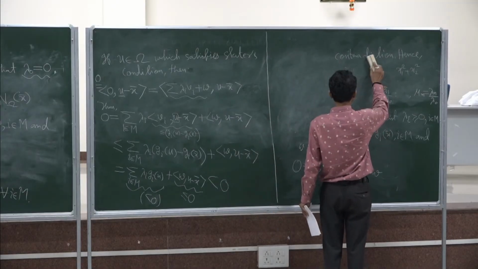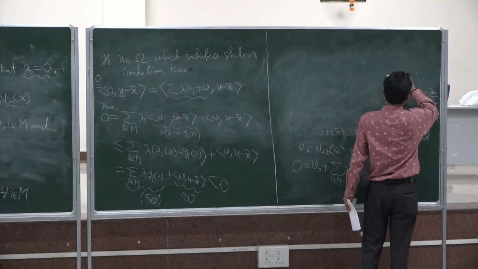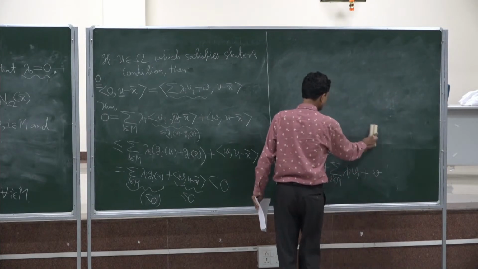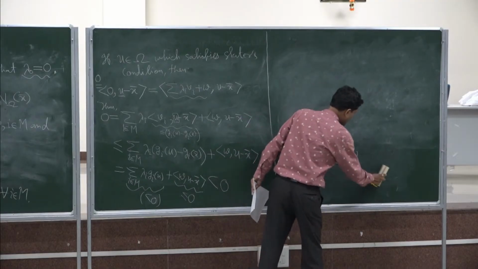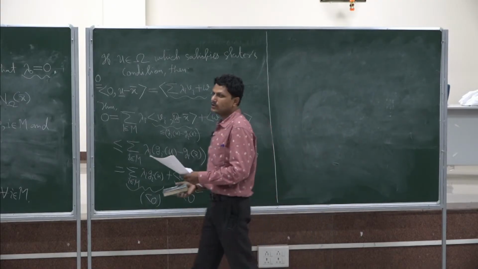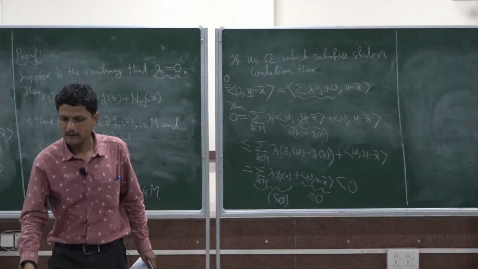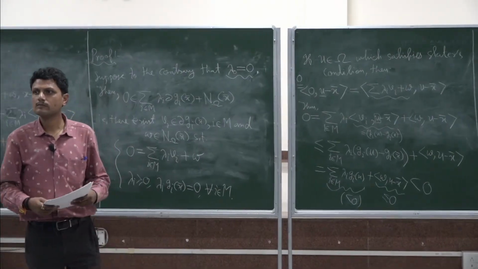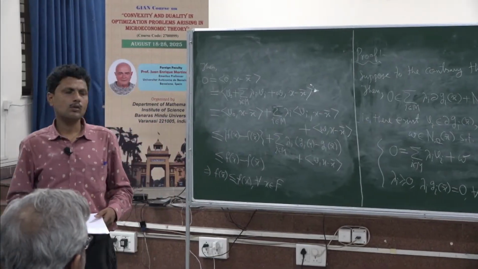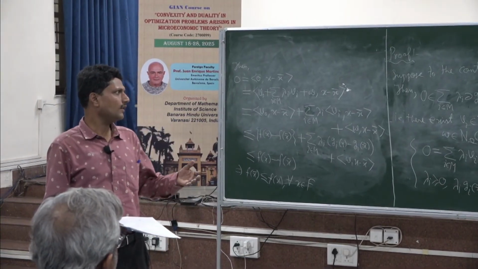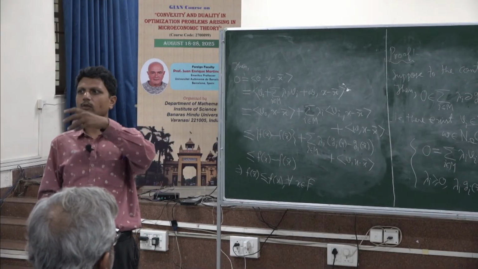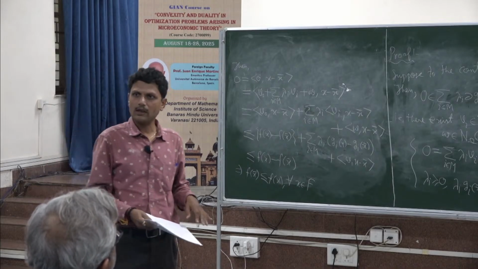For a special case of this problem, we are going to take differentiable functions, right. So suppose these functions are differentiable, then what will happen? I am saying that if the function is differentiable now, then this subdifferential will reduce to the gradient of the function, right. Okay.